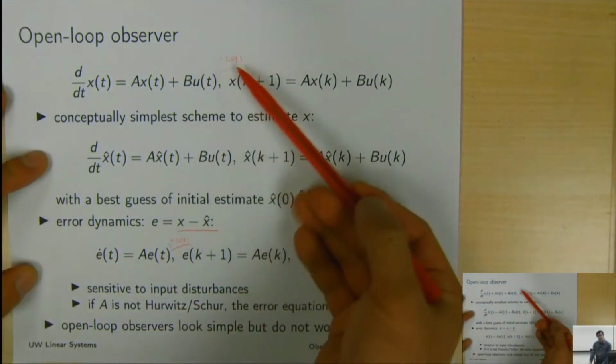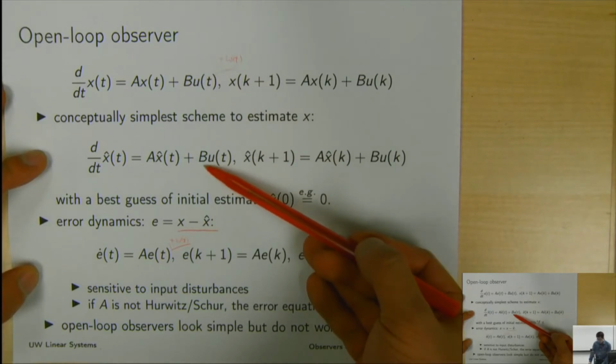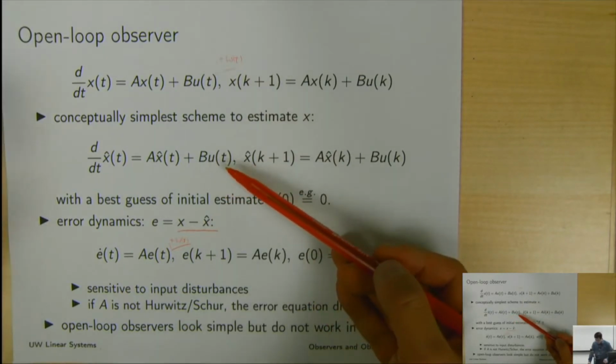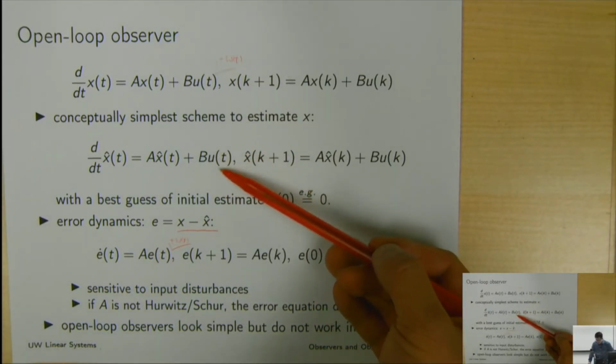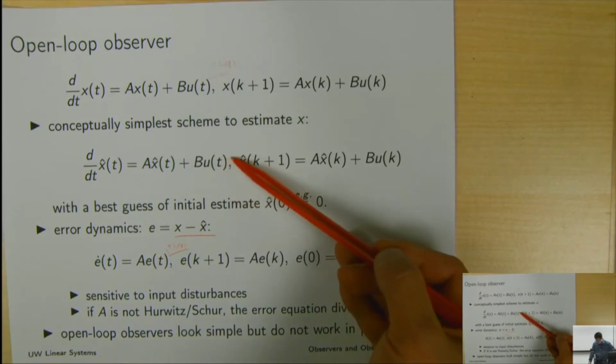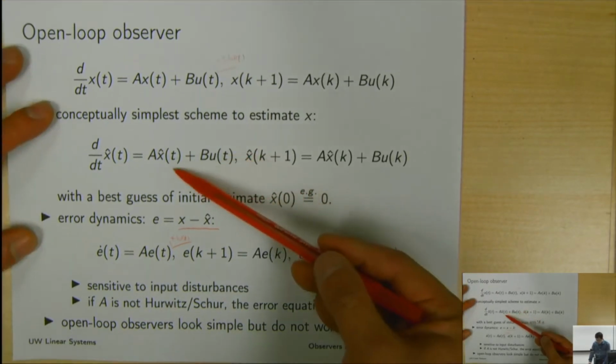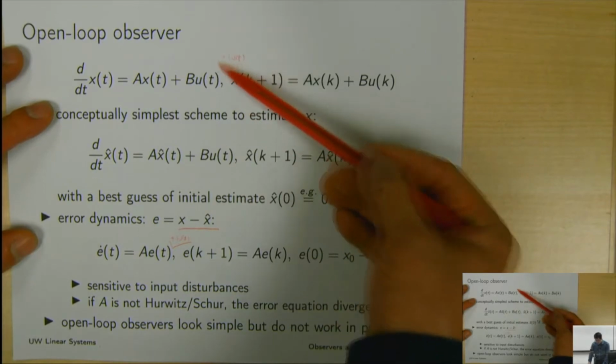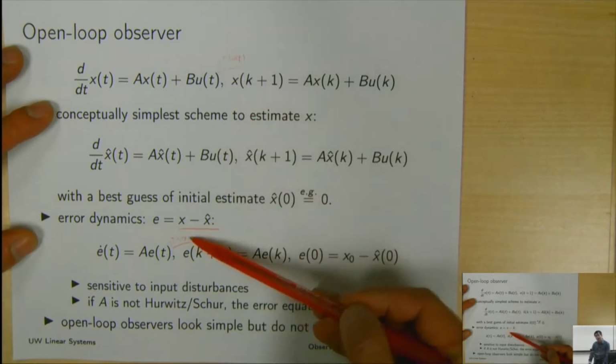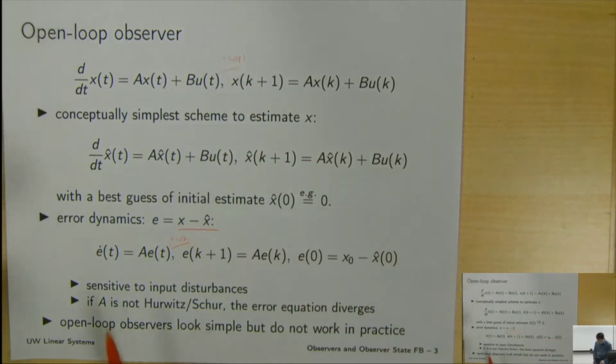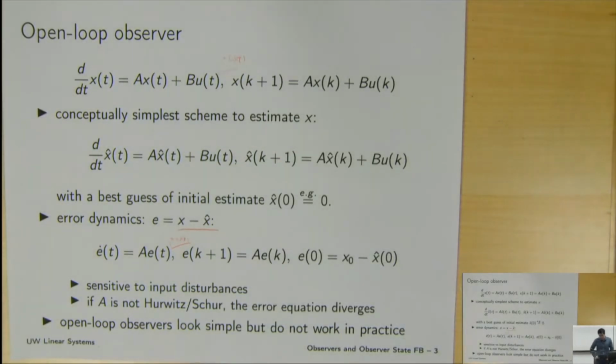There's usually no good model for general disturbances in the observer, so we leave it as A x hat plus Bu. So this disturbance term is going to propagate in the error dynamics. So it can be sensitive to input disturbances.